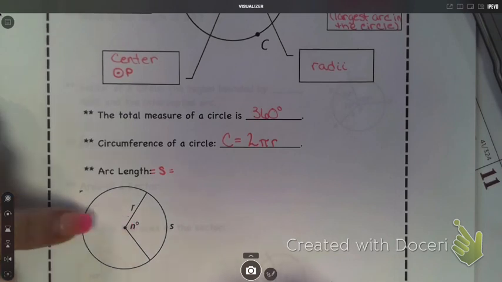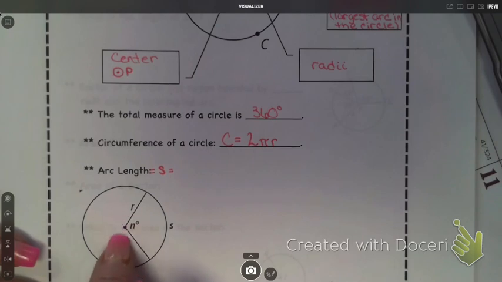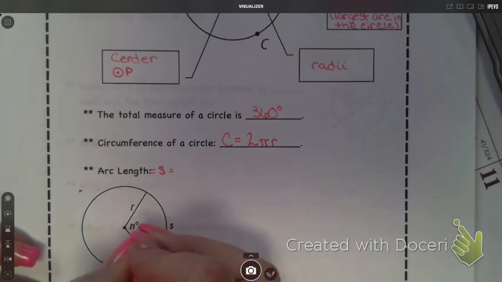Okay? So if I have a circle, right here I have a circle, yes? And the whole circle equals 360 degrees, correct? And I have this angle right here that says n degrees, but we're going to call it theta.